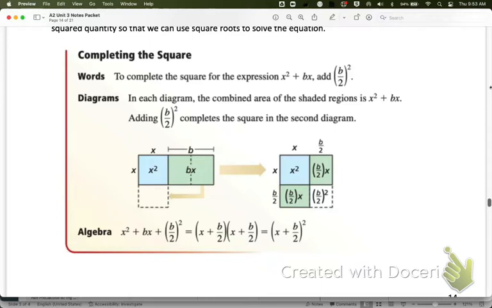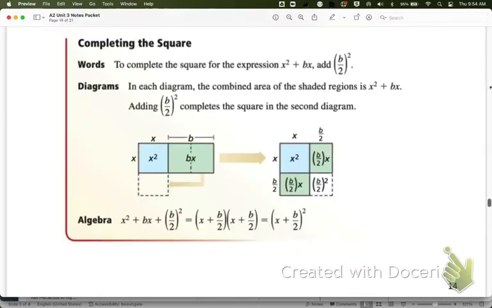And that is always going to factor to (x + b/2)^2. Now, remember that this could be plus or minus. So if it's a minus, then it's going to be (x - b/2)^2. So that's what we're going to do, add (b/2)^2. That's how we complete the square, okay?